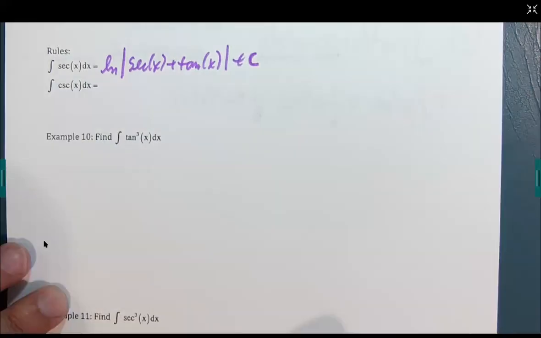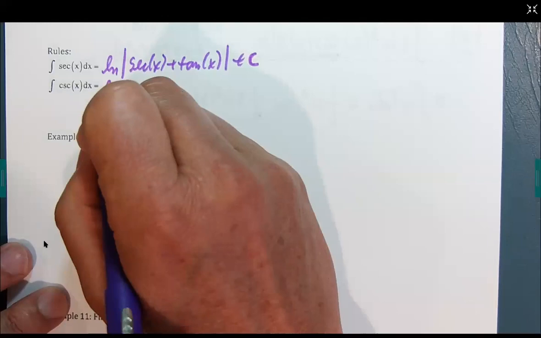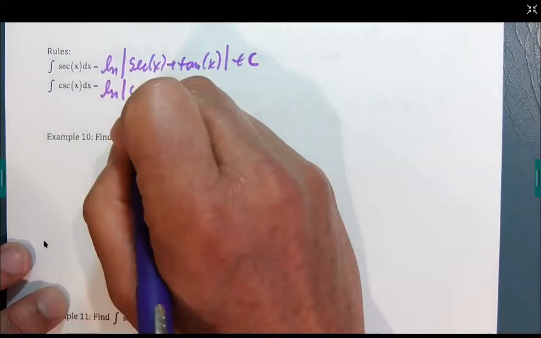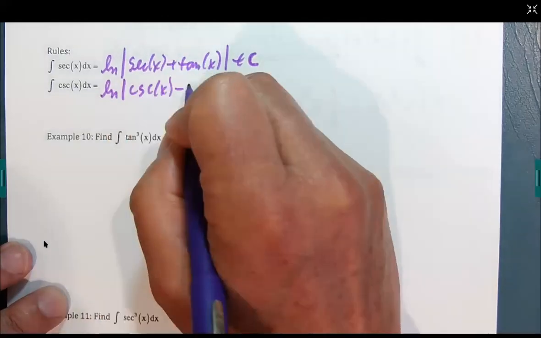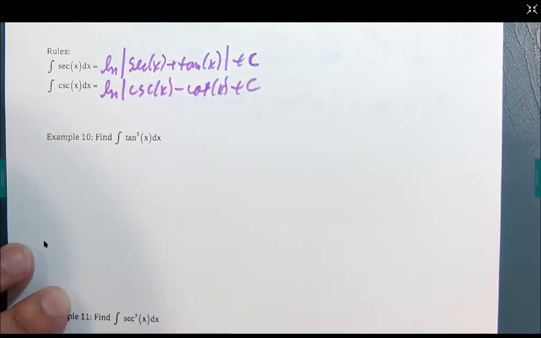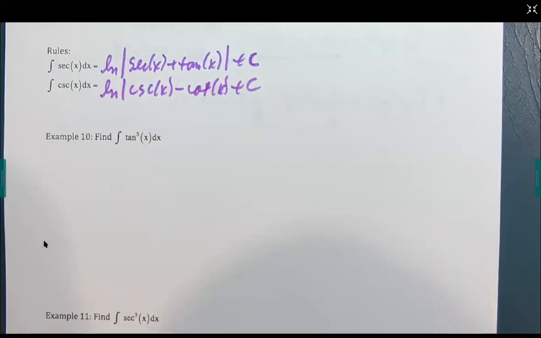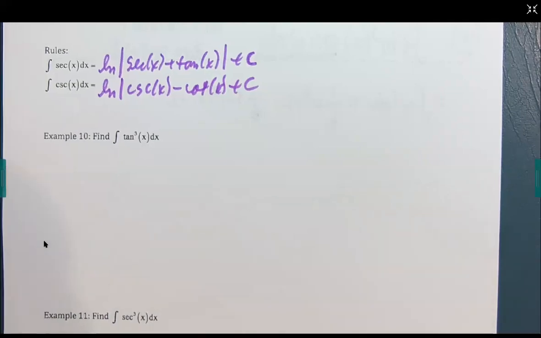And the integral of cosecant becomes ln of absolute value of cosecant x minus cotangent x plus c. I'm not going to derive them for you in this video, but your teacher should be able to do that. It's not particularly difficult. It's just some genius came up with a wacky way of doing that. So we're going to need these integrals here in just a minute to do these last two. All right. So tangent cubed.